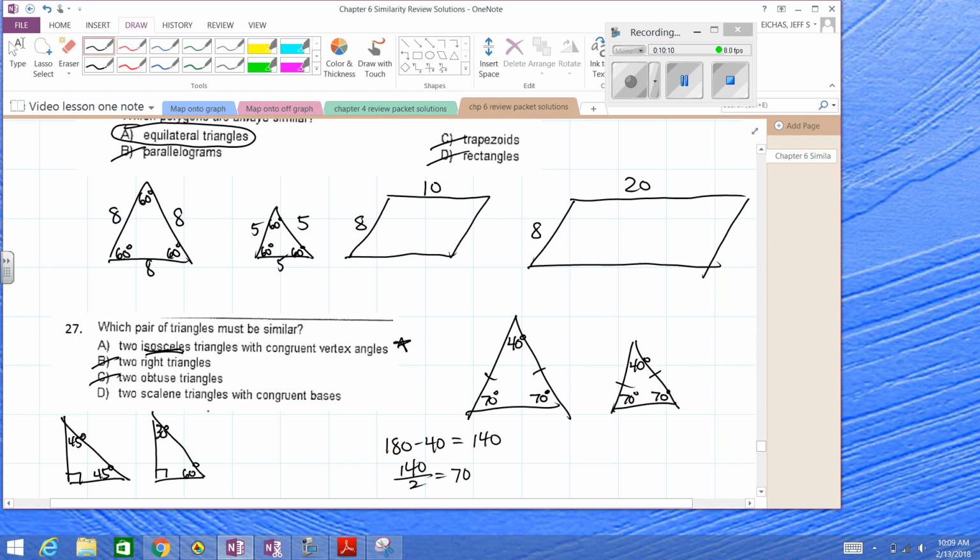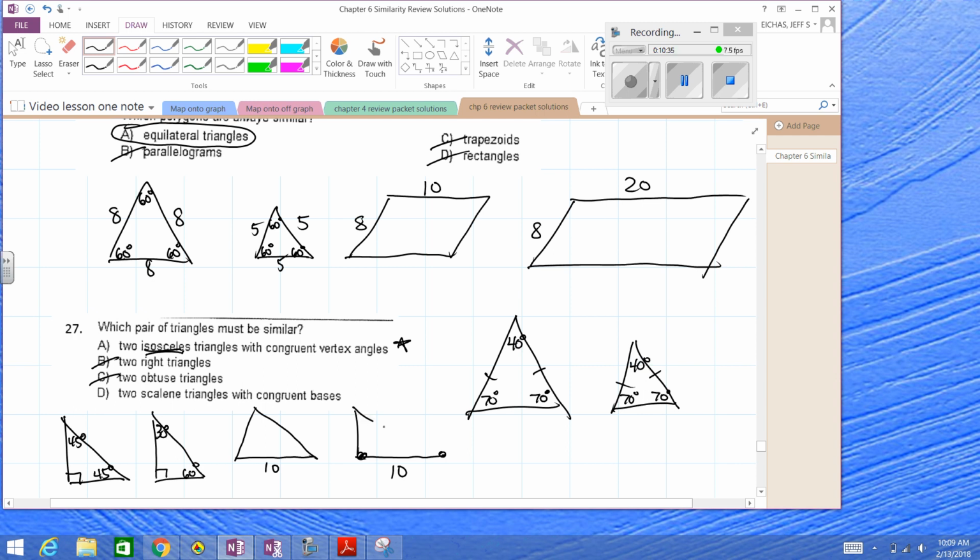Two scalene triangles with congruent bases. Again, what that means, really simple. Say you have 10 on this one. You could have 10 on this one too, but you could make those other angles look completely different.